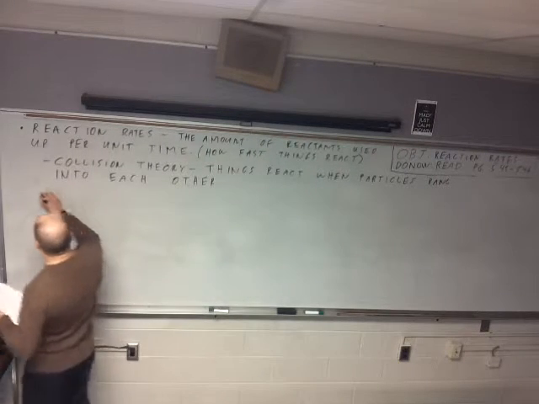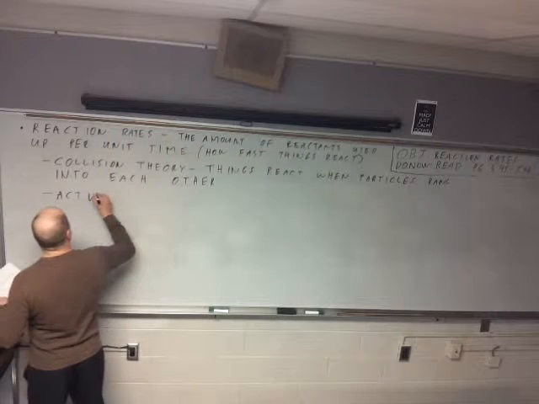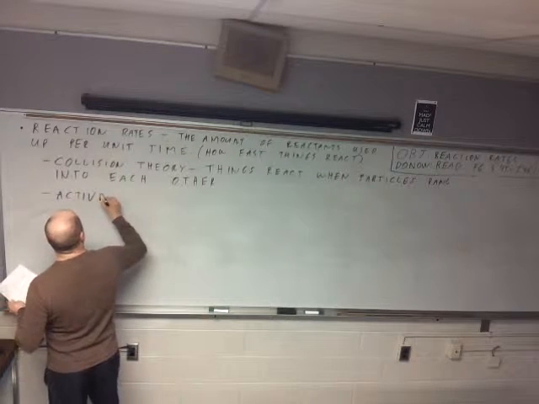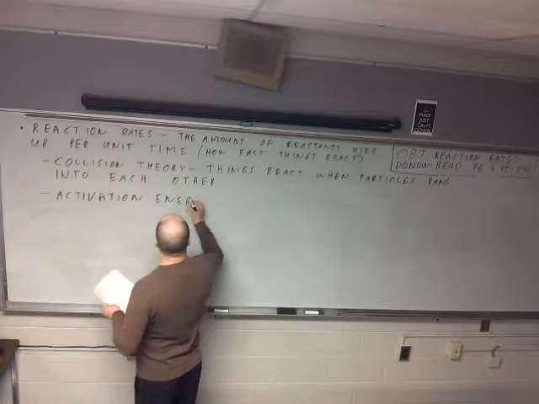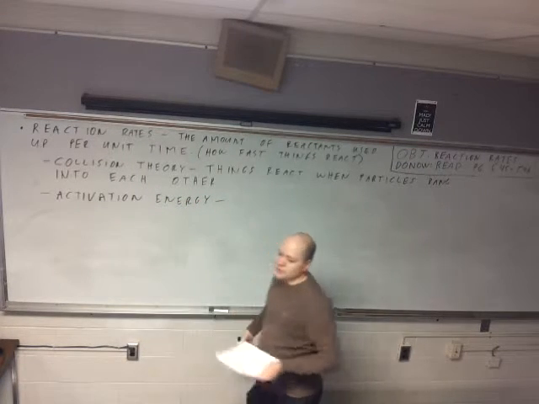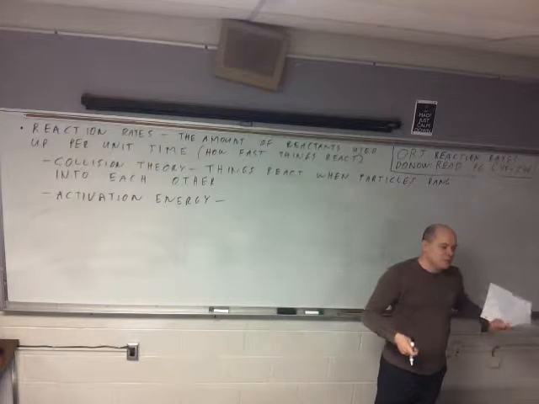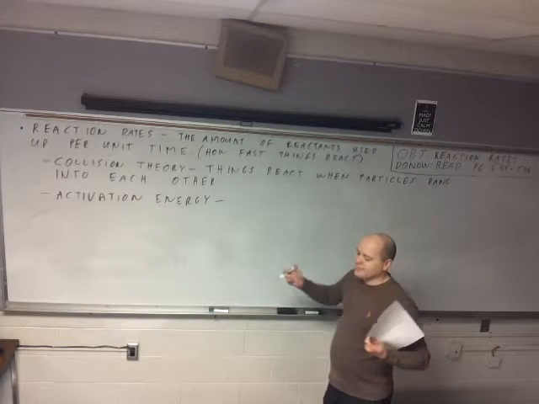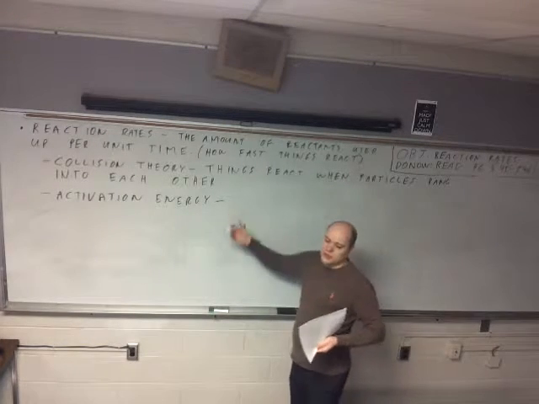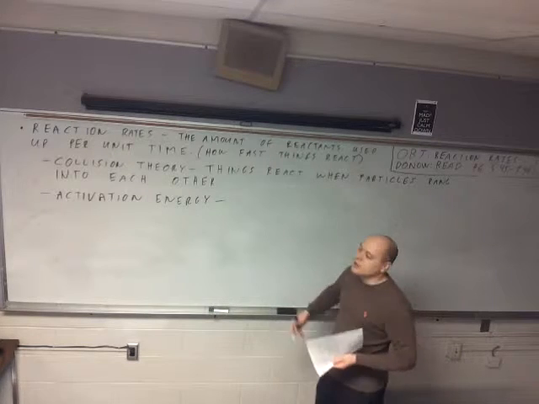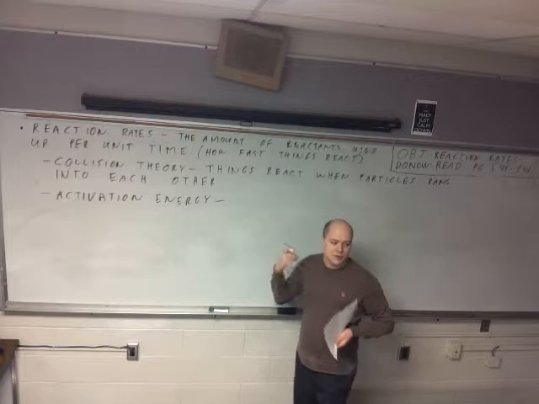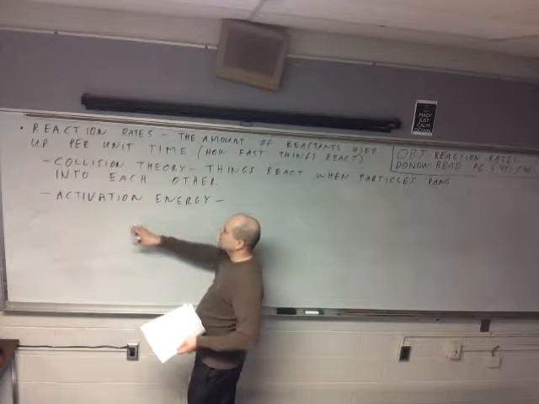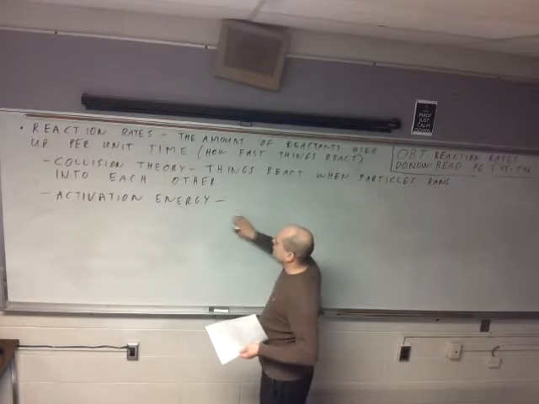The other part of this is activation energy. And so when particles bang into each other, they have to collide with enough speed, because we're talking about kinetic energy here, so it translates mostly to speed. So they have to be going fast enough so when they bang into each other, the reaction happens. So if they don't have enough energy, the reaction won't happen. And so the minimum you need is this here, activation energy.